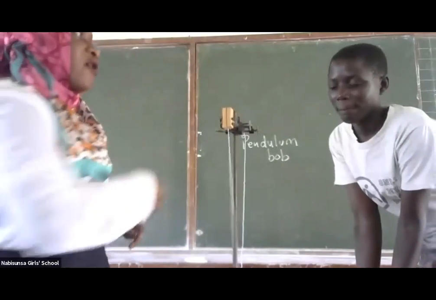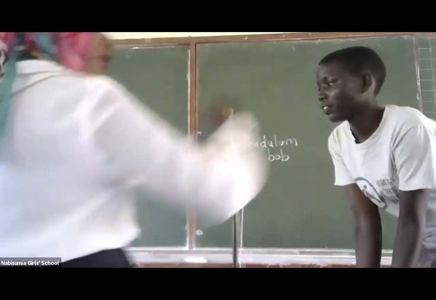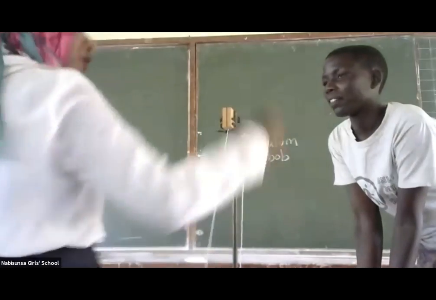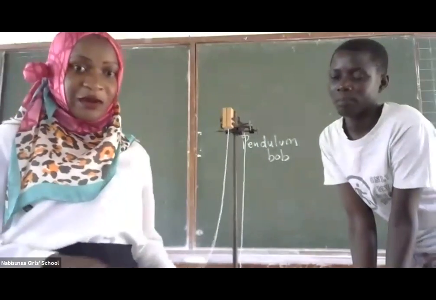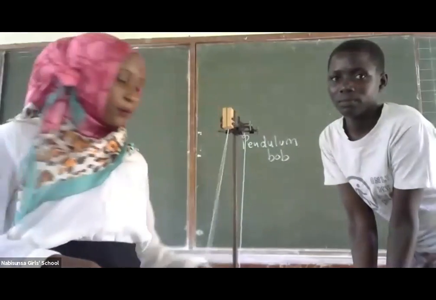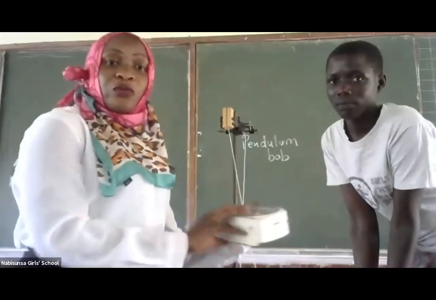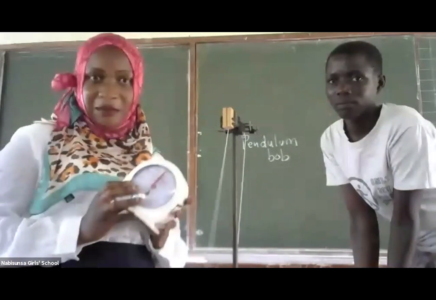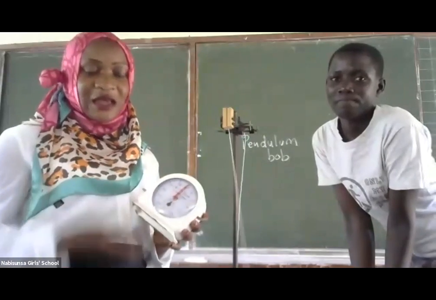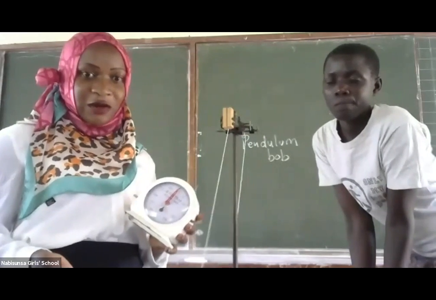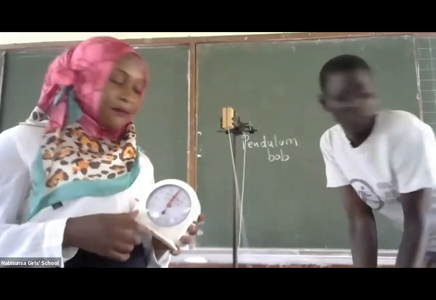I'm going to use a pendulum bulb, and I'm also going to use a clock at the same time. And I'll see at the end of it all, am I getting the same answer?